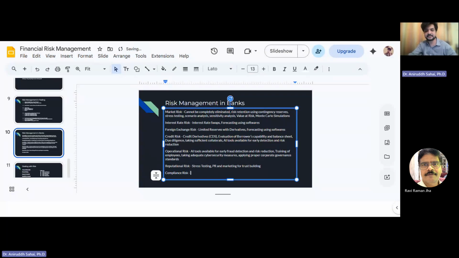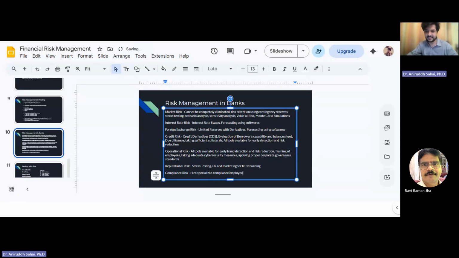For compliance risk, for managing compliance risk, the banks can hire specialized compliance employees.